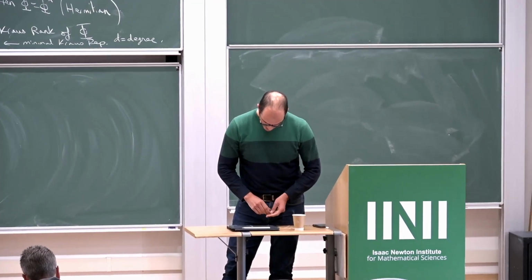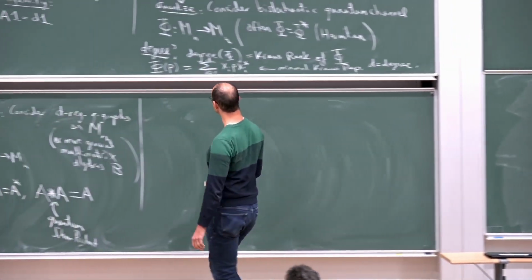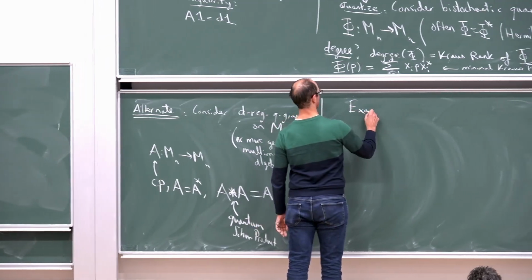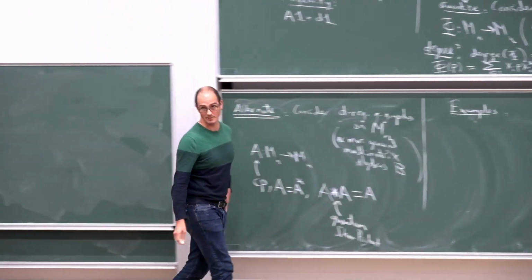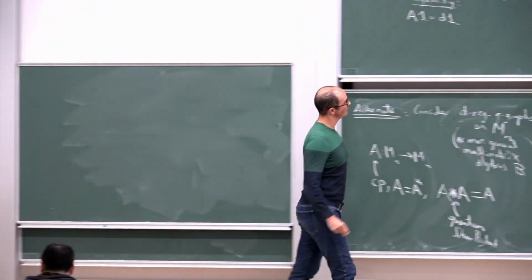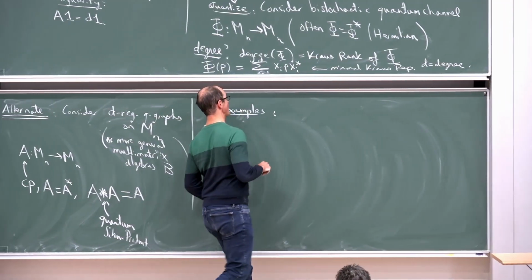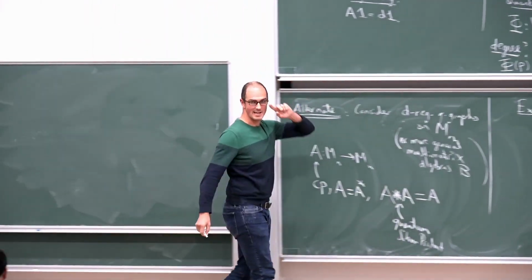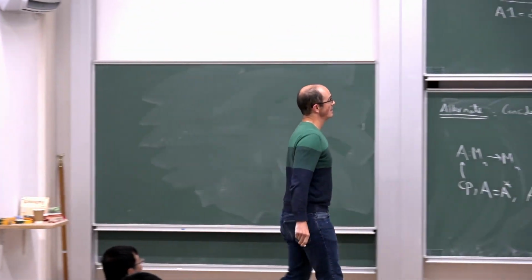Good. So what are some examples of quantum d-regular graphs? If you think about this first way of quantizing things, well, you just got to write down some unital channels, right?